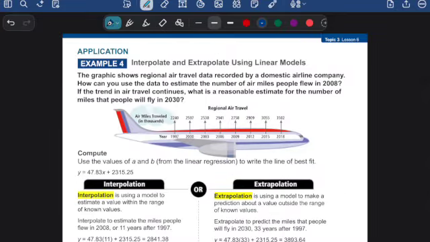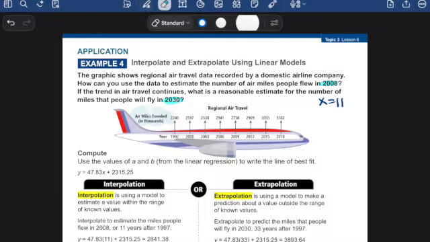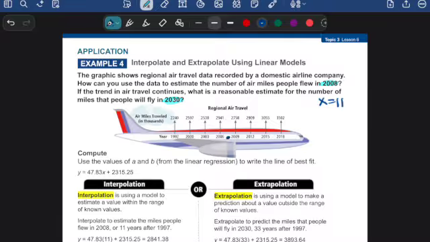Now to make our predictions, we're going to plug in these values: how many years since 1997 for these values, and then we're going to make predictions. So 2008, that is 11 years since 1997, so we're going to do x equals 11. And this data point would be inside our data set.